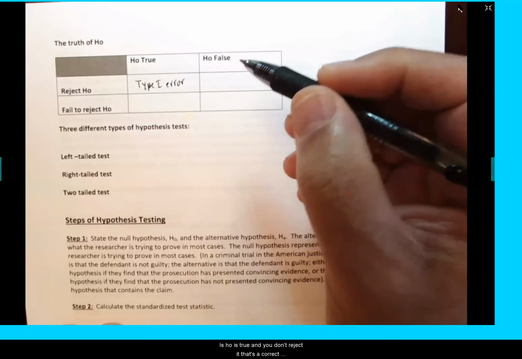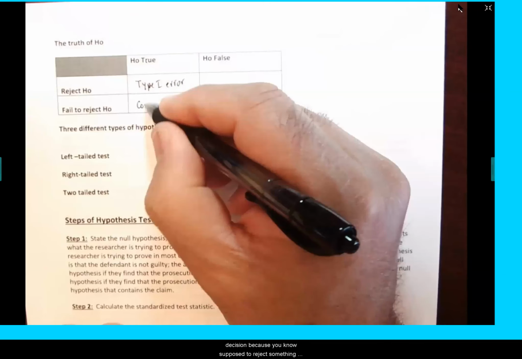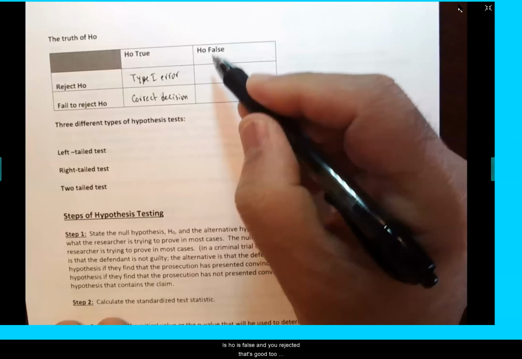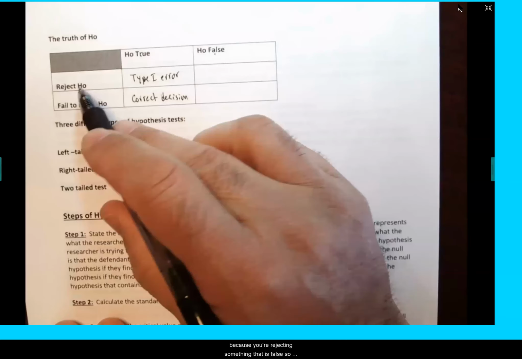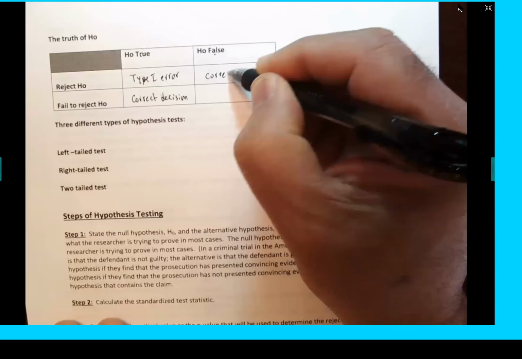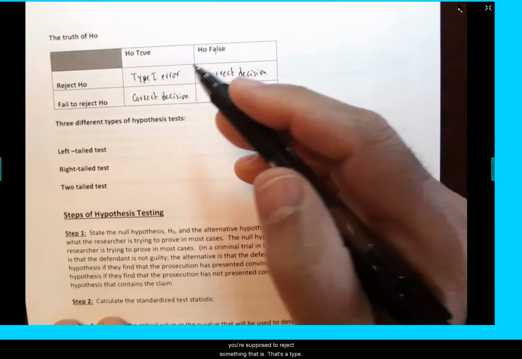If H0 is true and you don't reject it, that's a correct decision, because you're not supposed to reject something that is true. If H0 is false and you reject it, that's good too, because you're rejecting something that is false. So that is a correct decision. Now, if H0 is false and you fail to reject it, well, you're supposed to reject something that is false. So that's a type 2.